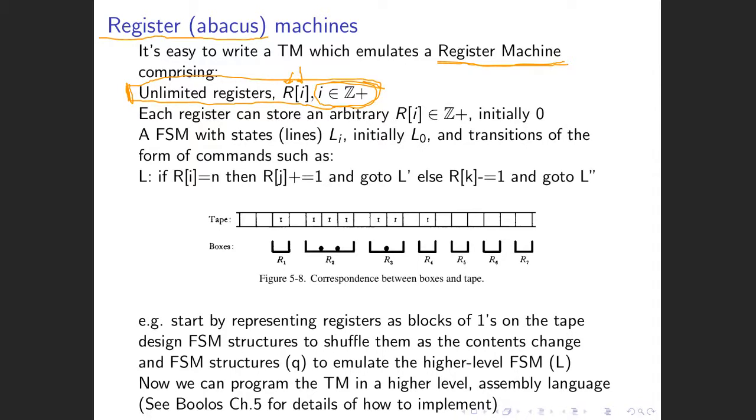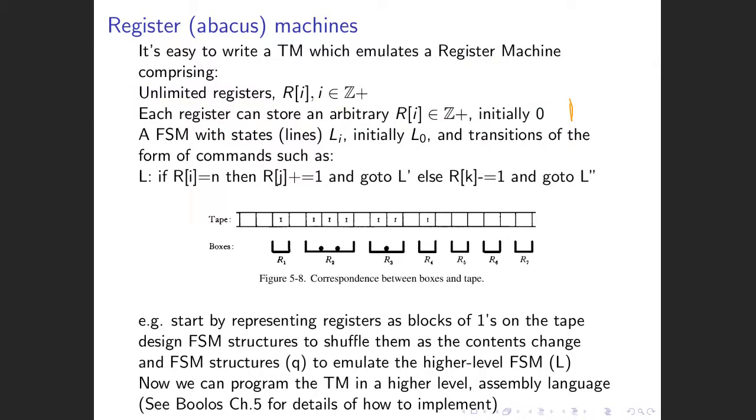These are like memory locations in a regular PC. They're addresses. And let's assume each register can store an arbitrary positive integer. Think of it as a bunch of pigeonholes for putting mail in, or as actual memory in an actual PC. And each of those addresses can store a positive integer.